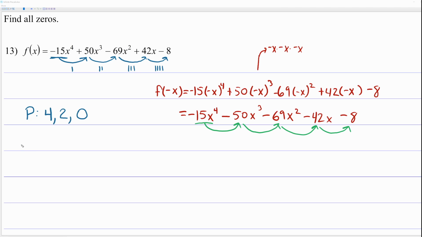So the number of negative real zeros, we did not count any variations in sign, so there are no negative real zeros. And here you can see why Descartes is kind of an important theorem. The number of positive real zeros could be 4, 2, or 0. But we know for a fact the number of negative real zeros is 0.